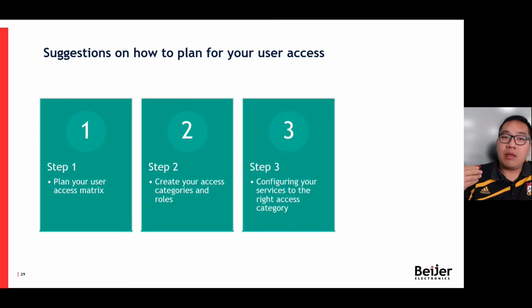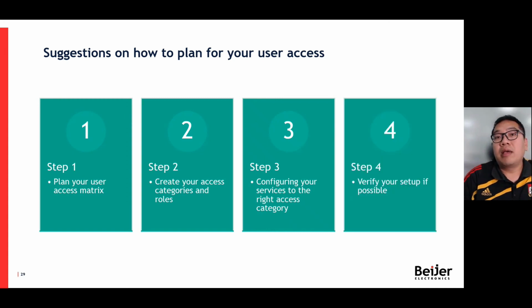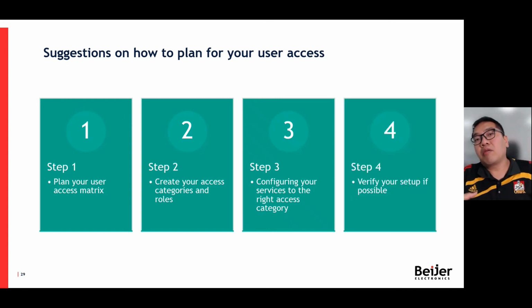Next, you have to configure, like I mentioned in the previous few sections of the training, where we went through how to configure the right services to the right category. And finally, the last step is to verify once you have set up. You can ask your different users to log in to make sure that they have the different views that they require, or do not have, in this case as well.